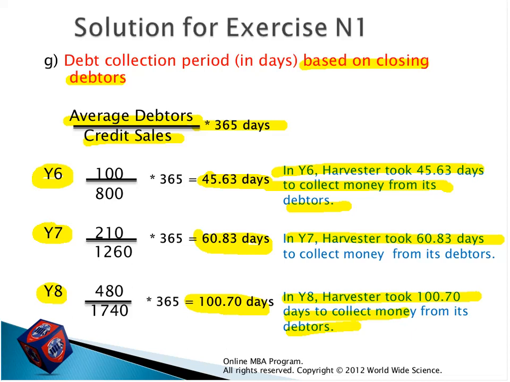The days have increased over the years, and have you seen, with the increasing of days, the longer we take to collect our money, the worse for the company, right? Previously we have seen it. So this is actually the bad situation here.